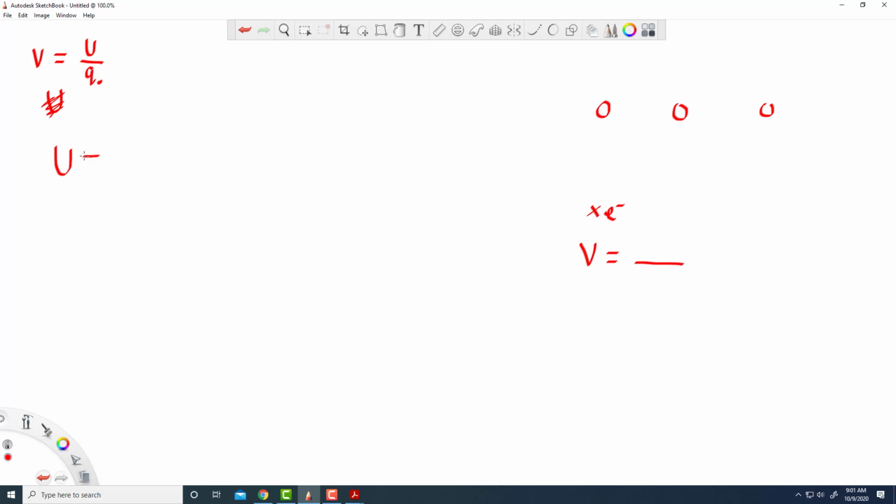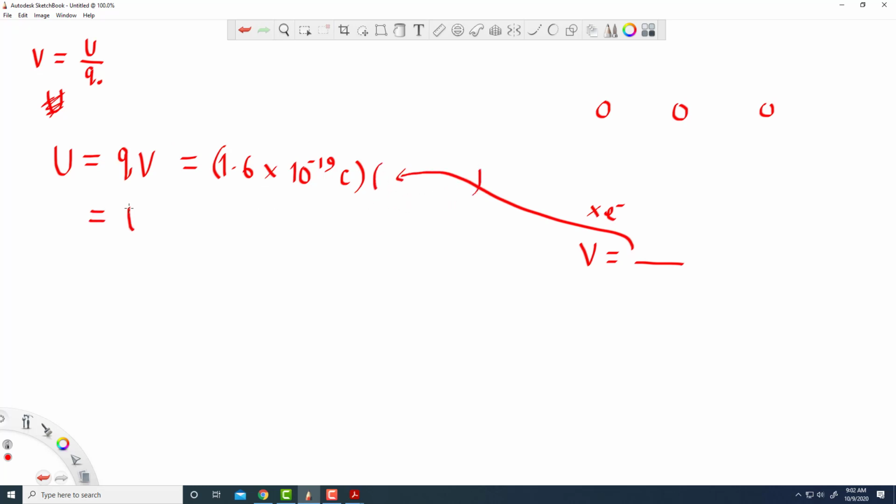So potential energy would be Q times V. In this case, it's an electron, so the charge is 1.6 times 10 to the negative 19 Coulomb, and then V is whatever potential you find. That gives you the potential energy of this electron due to these three charges.